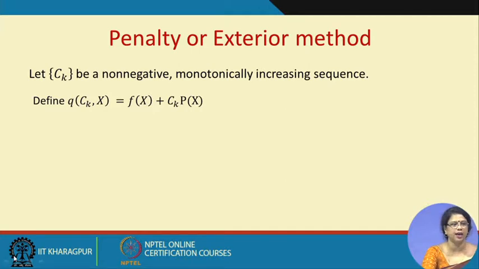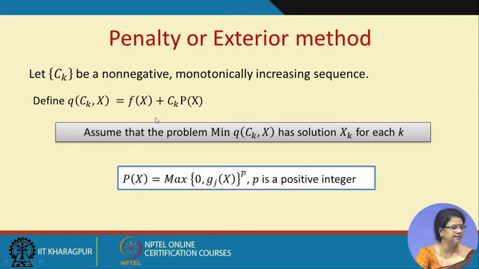For the exterior penalty function method, from the name it is very clear that we have to start from outside of the feasible space. That is why k should be a very low value.